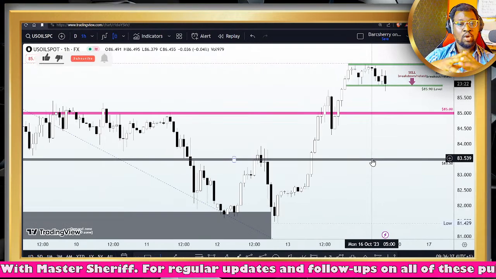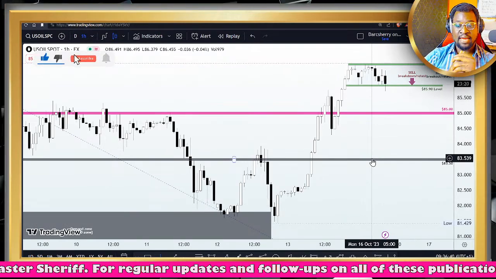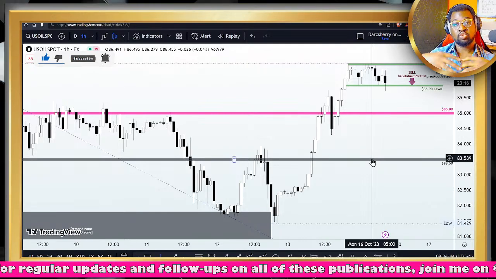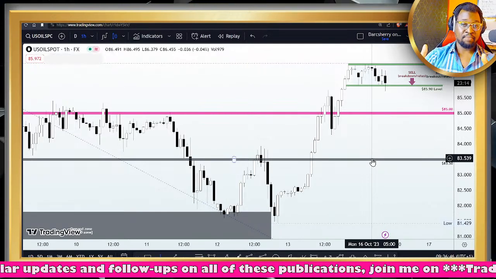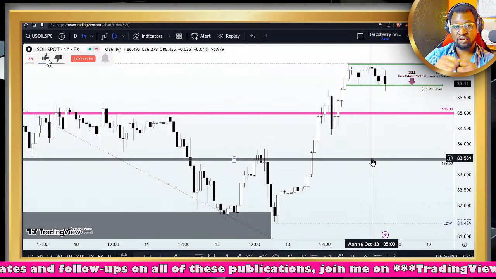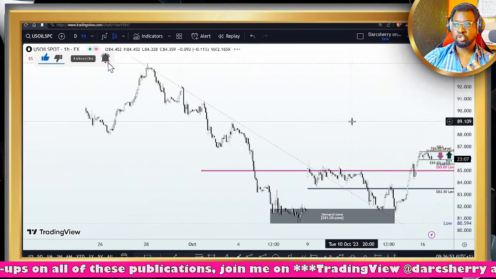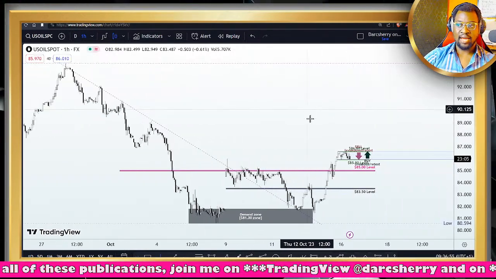For those who watched my video, you would realize I talked about how price action appeared to have broken out of a very important level, that is the $85 area, which happens to be our key level for this week. So let me show you what things are looking like here.